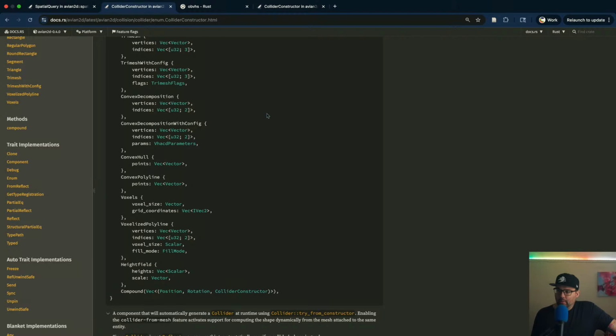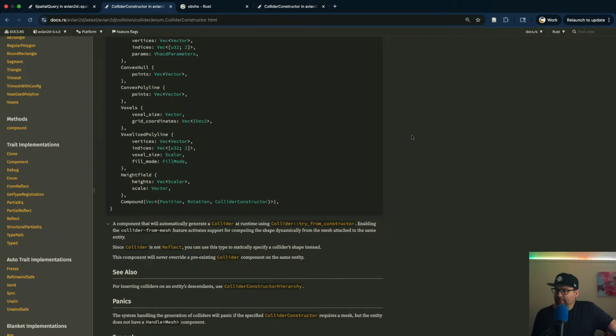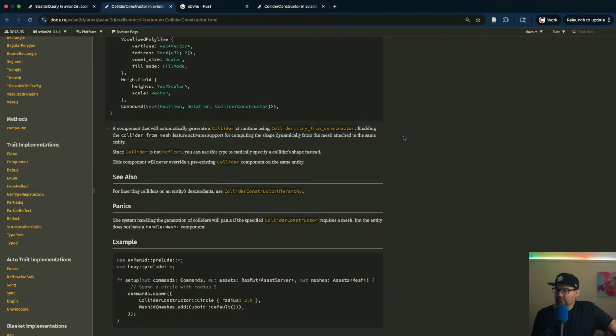I just find it weird that we don't have the from mesh variants for 2D. That seems like a really... Oh, maybe I didn't enable the feature. A component that will automatically generate a collider at runtime using collider try from constructor. Oh, okay, cool.